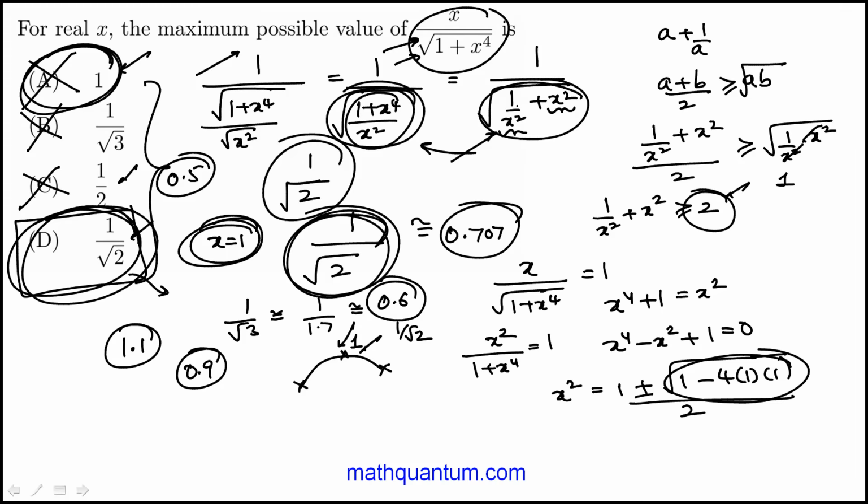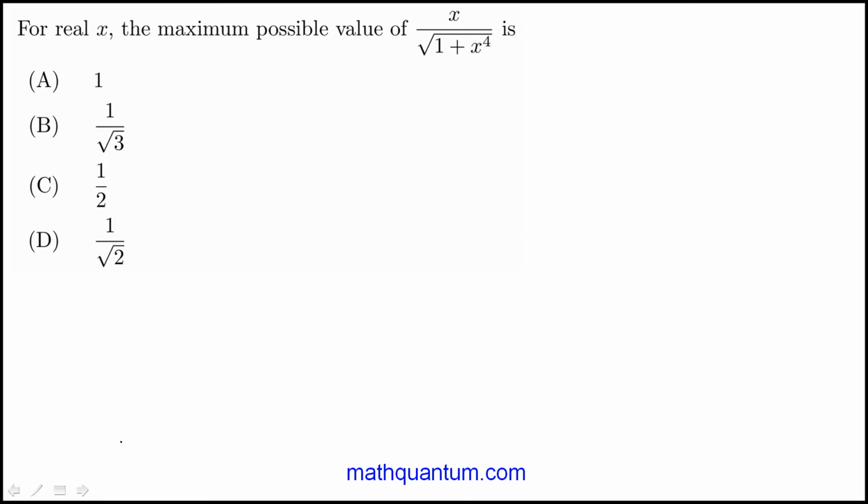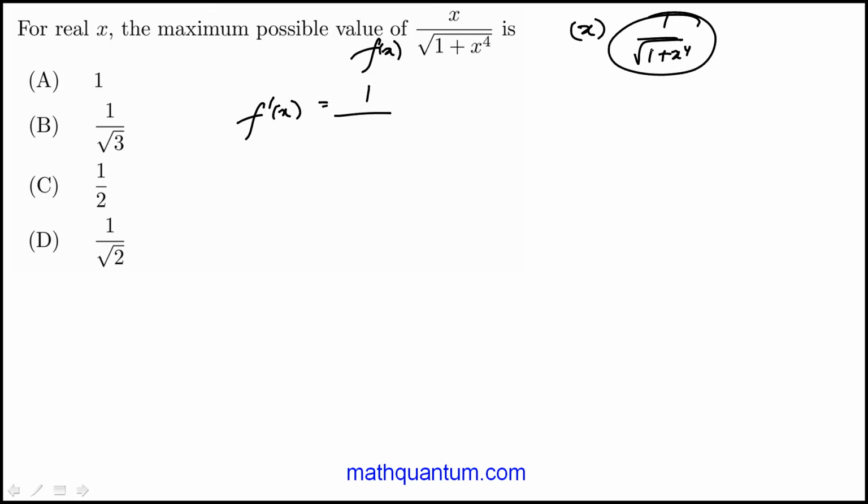And then the third one is you can take the derivatives if you're comfortable with calculus. So if this is f of x, f prime x would be, so these are the product of two functions where this is one function and the other one is that. So obviously the question is designed so you don't need to use calculus.